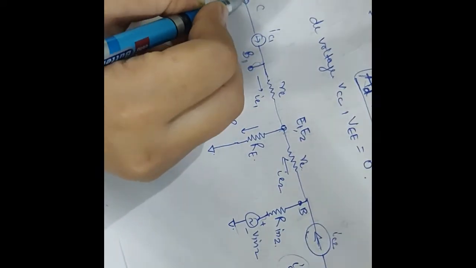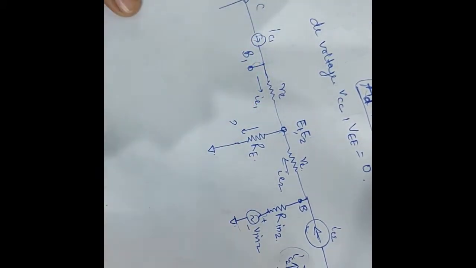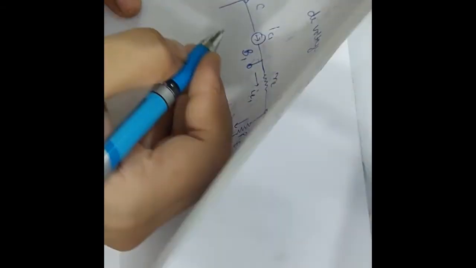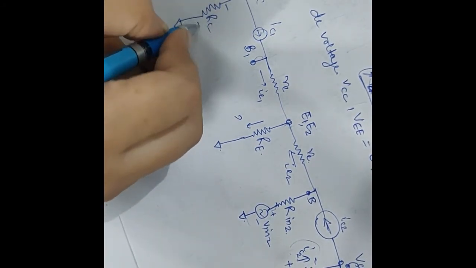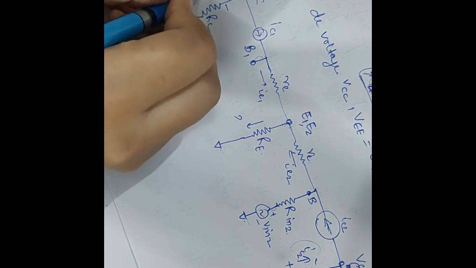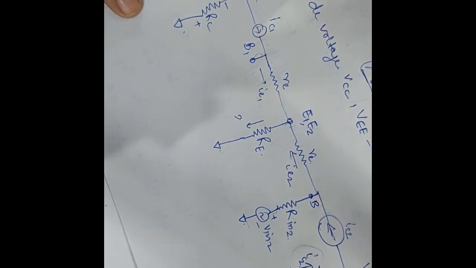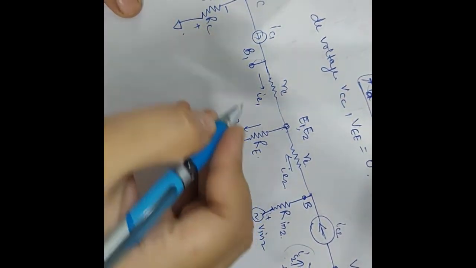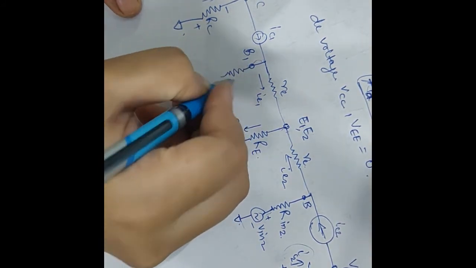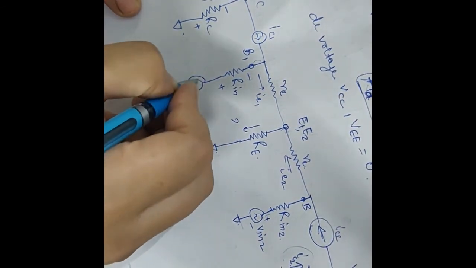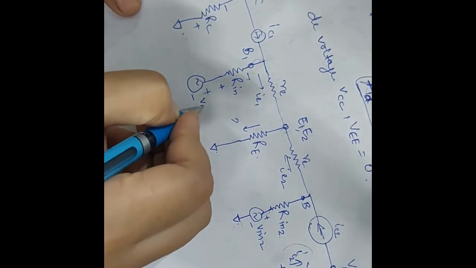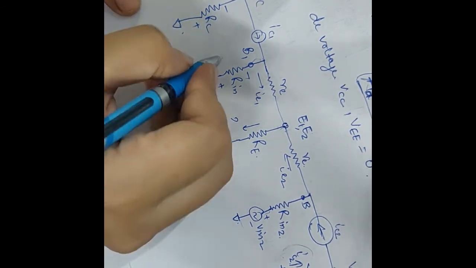This is the first collector, VC1 is the collector voltage at the terminal, and VC2 is the voltage at the collector 2 terminal. So this is RC, and we have grounded it, minus plus. This is the current passing through transistor 1. And at the base you have again the Rin, the voltage supply, and this is the IB1.